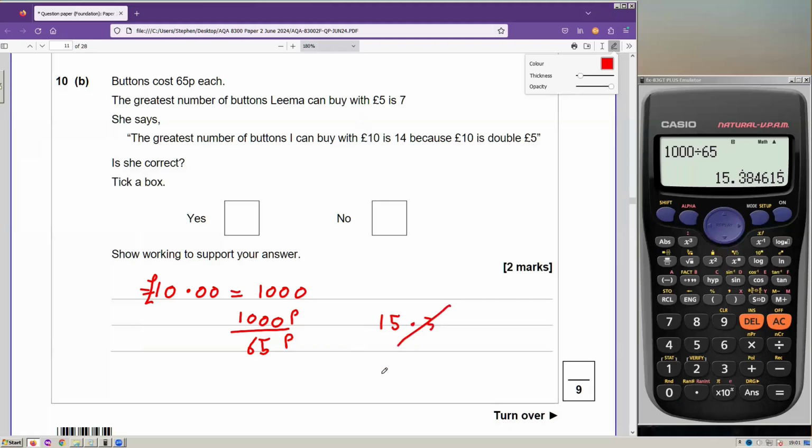Oh, we're going to cross that bit out because you can't have 0.3 of a button, but she can buy 15 buttons. The £5 bought her 7 buttons and there was a bit left over. And the bit left over on the other £5 enables the extra 1 button to be bought. Is she correct? No, she isn't. And there's our reason, 15 buttons.